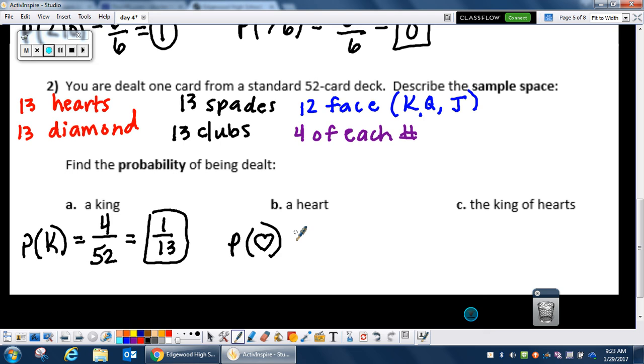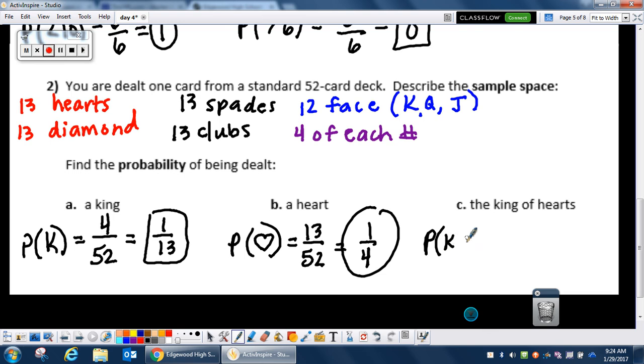There's 13 hearts, so that would be 13 chances out of 52, which you should simplify to 1/4. Okay? And now you have to draw the king of hearts. So there's only 1 king of hearts, which means you only have 1 chance out of 52 to get it.